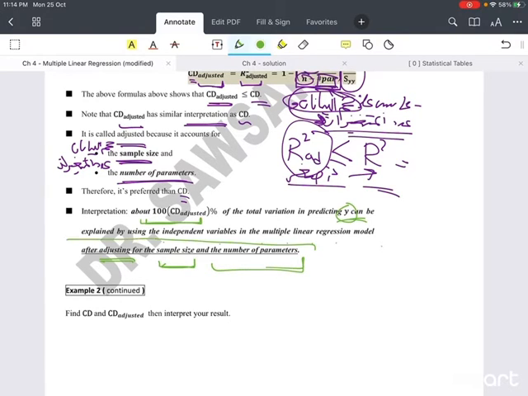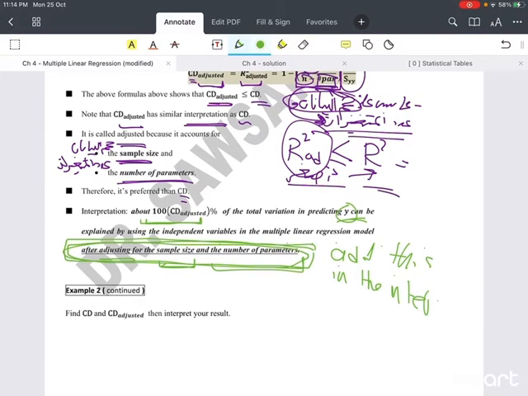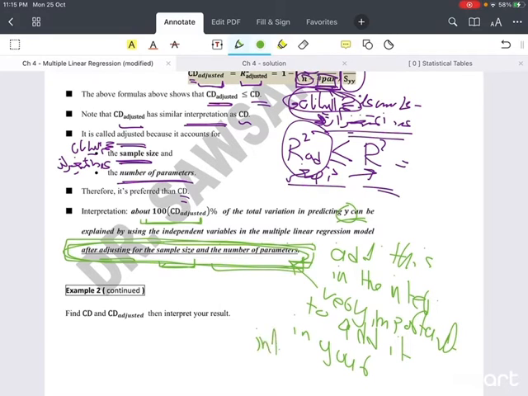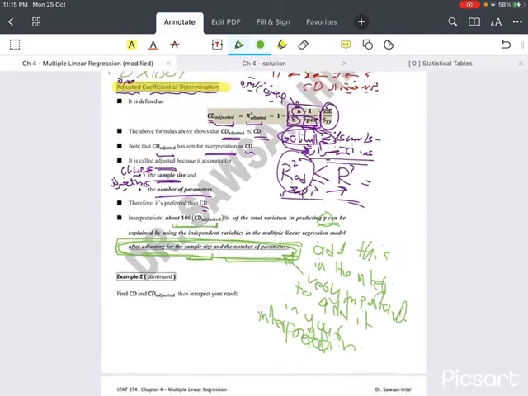So you will add this line to your interpretation when you calculate the adjusted. Very important to add it in your interpretation.